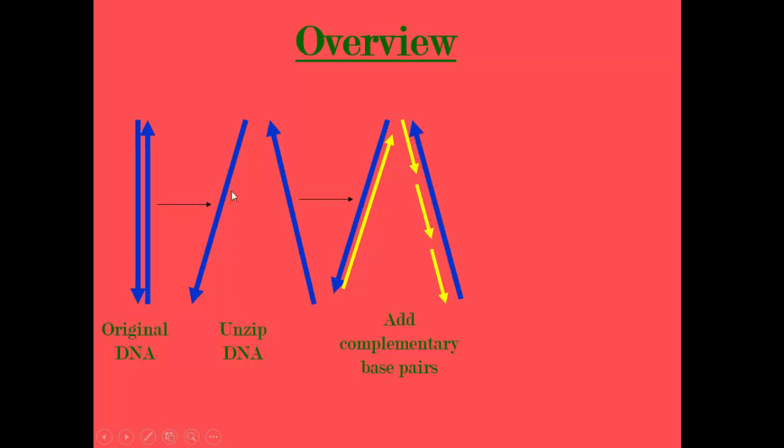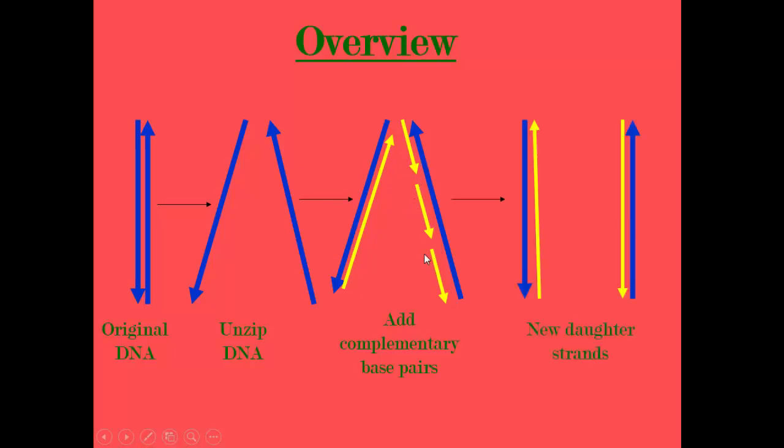Okay, remember it was helicase that unzipped the DNA, polymerase that built the DNA, and then ligase is going to come connect those complementary base pairs until we end up with our new daughter strands that have one old template piece of DNA and one new complementary strand of DNA. Then over here we have one new complementary strand and one old template strand, and so we call it semi-conservative replication. And that is all.